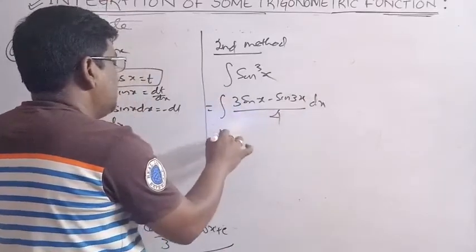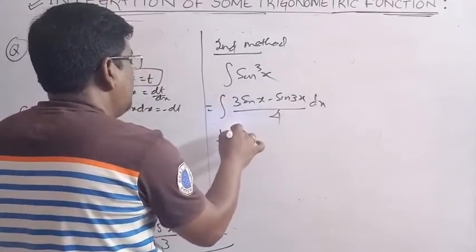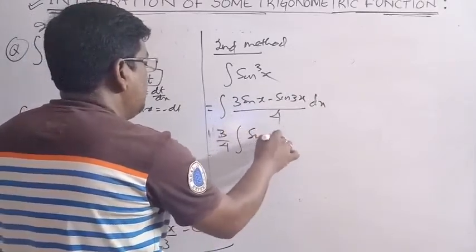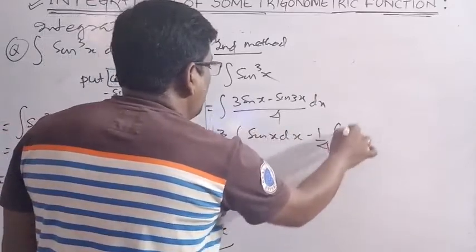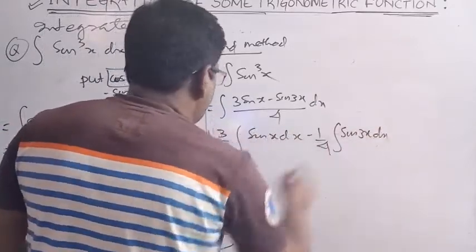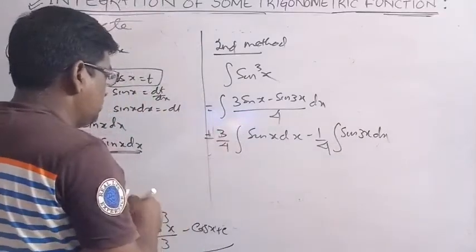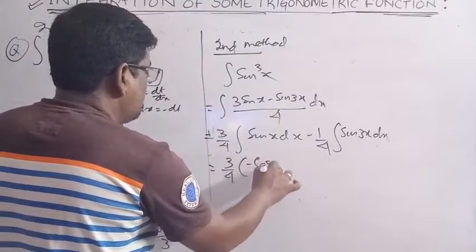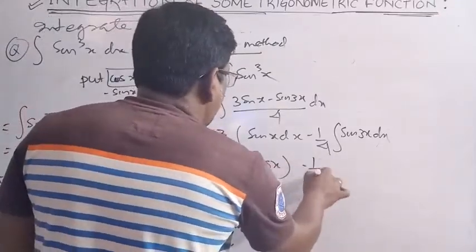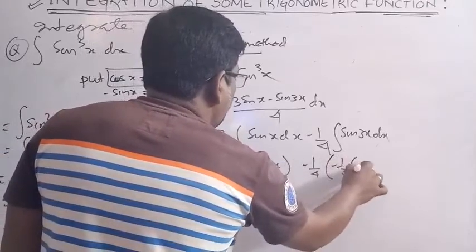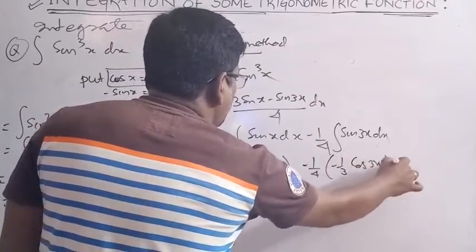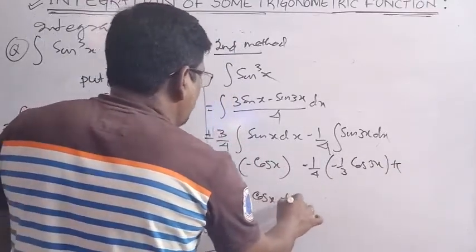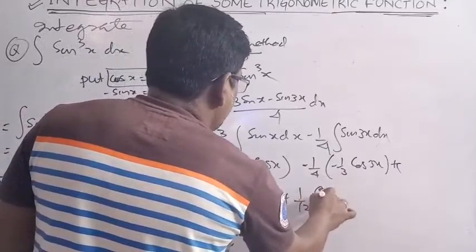This is integration of 3 by 4 sin x dx minus 1 by 4 sin 3x dx. So this is equal to 3 by 4 into minus cos x, minus 1 by 4 into minus 1 by 3 cos 3x plus c. This is equal to minus 3 by 4 cos x plus 1 by 12 cos 3x plus c.